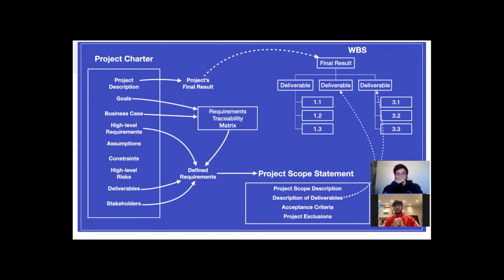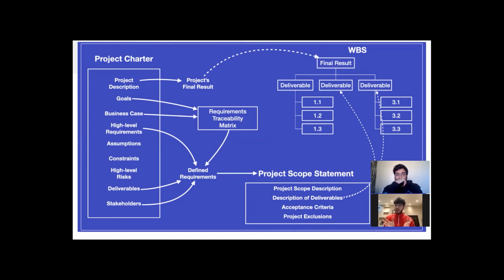You must have high-level requirements, assumptions and constraints, high-level risks, deliverables, and stakeholders. The high-level requirements, deliverables, stakeholders, and requirements traceability matrix are all defined, and you will see this in the project scope statement.